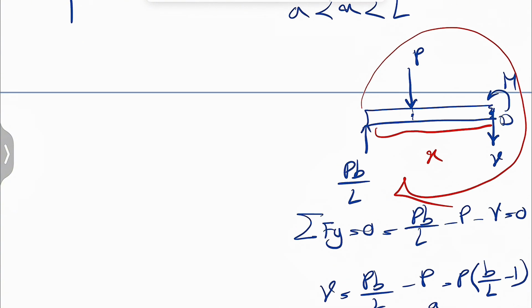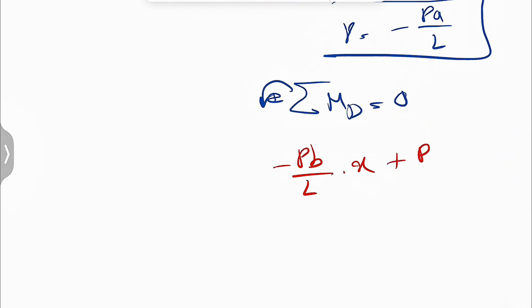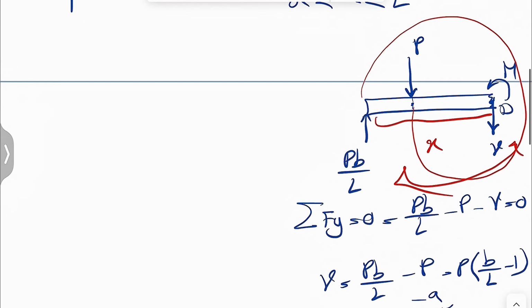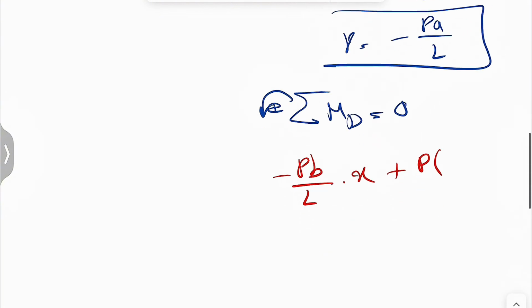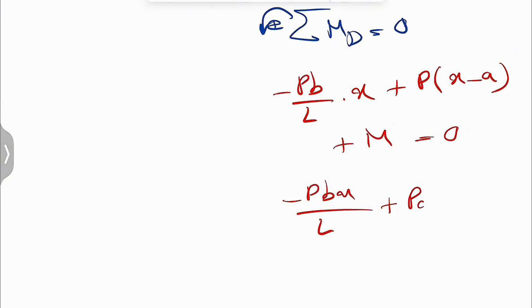We have the moment of P about D, which is counterclockwise, so this one's positive, so plus P, and our distance here is going to be, we know this distance A, so it's going to be X minus A, and we have plus M is equal to 0. So we're going to have negative PBX over L plus PX minus PA plus M is equal to 0.